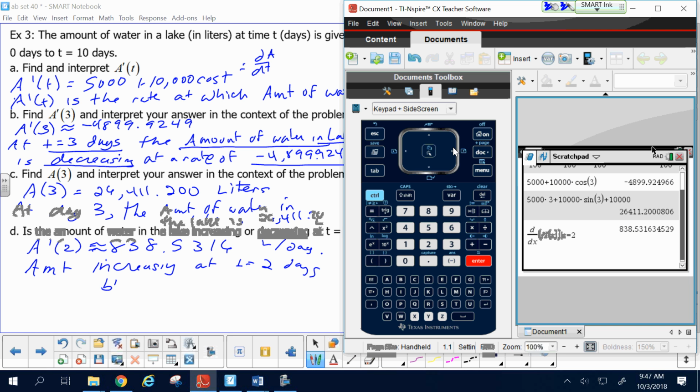This is a common mistake, usually with the BC students, they feel like it's so obvious. It's not enough to say it's increasing, you have to communicate why. It's because the derivative is positive, that's why it's increasing. You with me? All right, are we good so far? Cool. Let's move along.